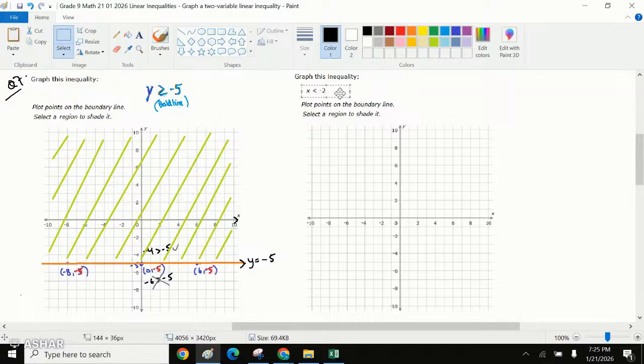And this was the inequality given, and this is question number 8. So it says x is less than negative 2, right? It does not have an equal sign, so this will be a dotted line.